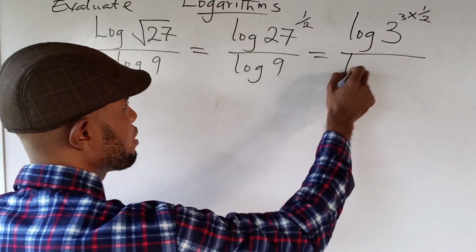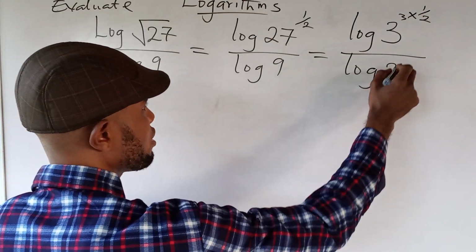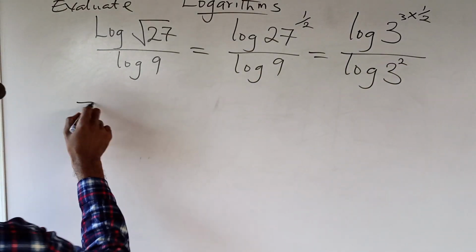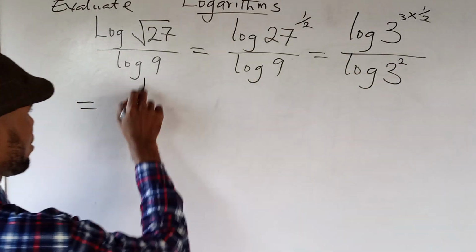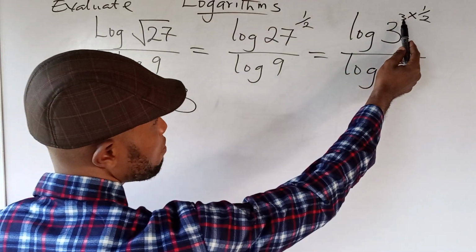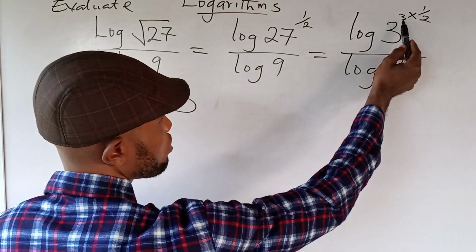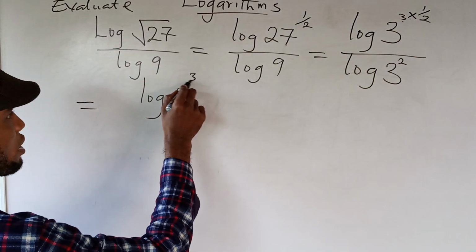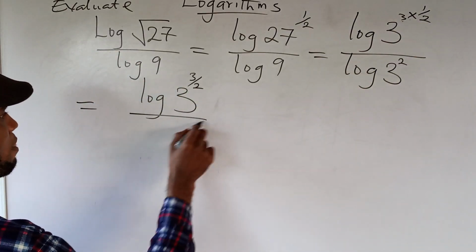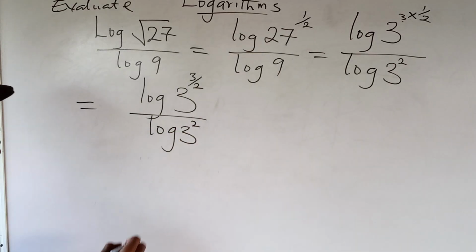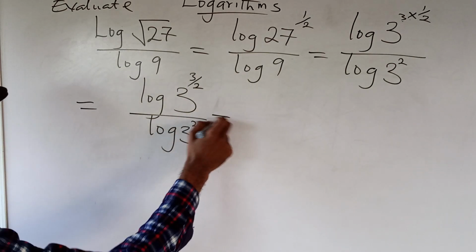Then divide that by log 3 raised to power 2, as 3 raised to power 2 is 9. So that's going to give us log 3 raised to power, now 3 times 1 over 2, 3 times 1 is 3, all over 2. So that will give us log 3 raised to power 3 over 2 divided by log 3 raised to power 2.